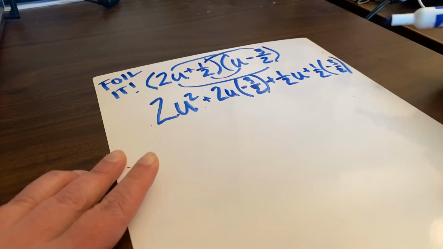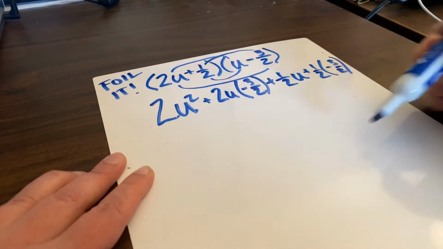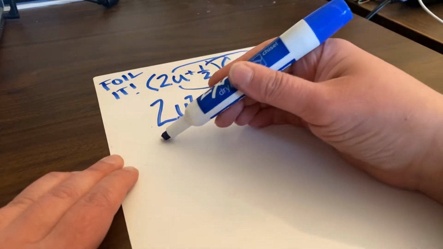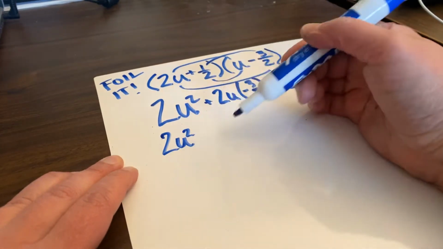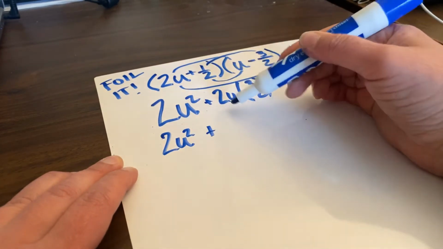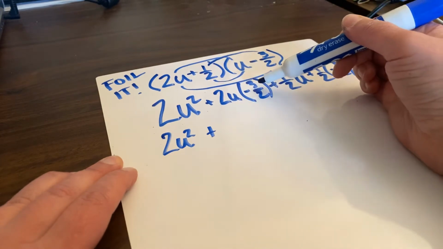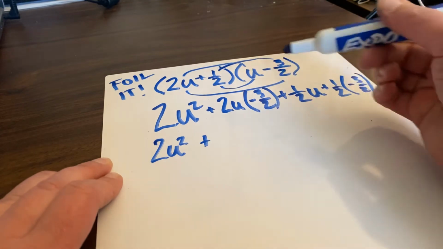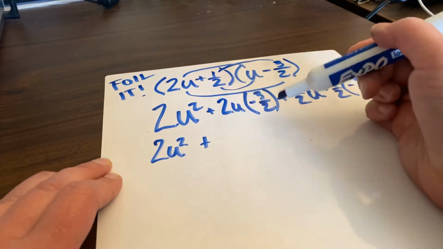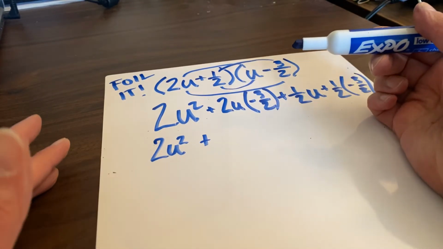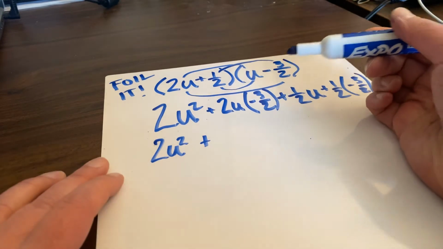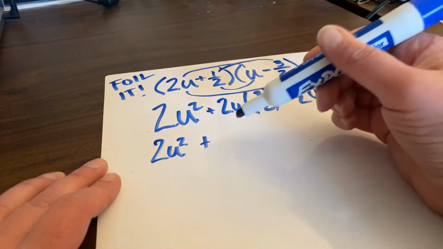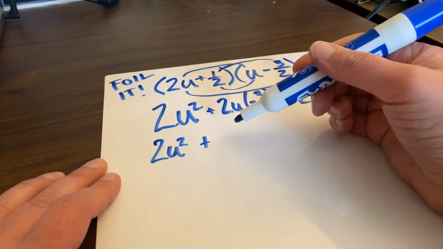Okay, we want to start by simplifying some of these terms a little bit and actually doing the multiplication. So the 2u squared is going to come down, it stays the same. Then we have plus 2u times negative 3 halves. And those, the 2's could cancel and you could write it as negative 3u, but because I have this 1/2 u later that I'm going to have to add, I'm going to leave it as a fraction.